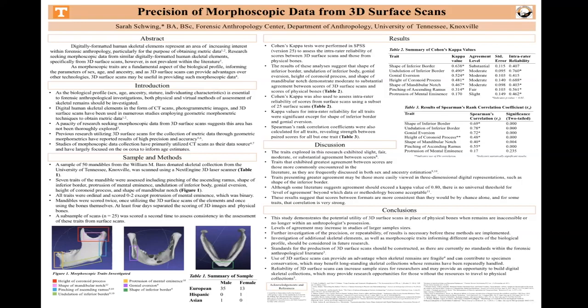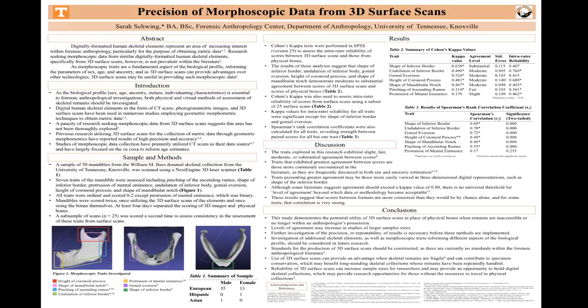So those morphoscopic traits, or the morphology in those regions, is a little bit more distinct. So I think that might be why those are a little bit easier to score using virtual remains.